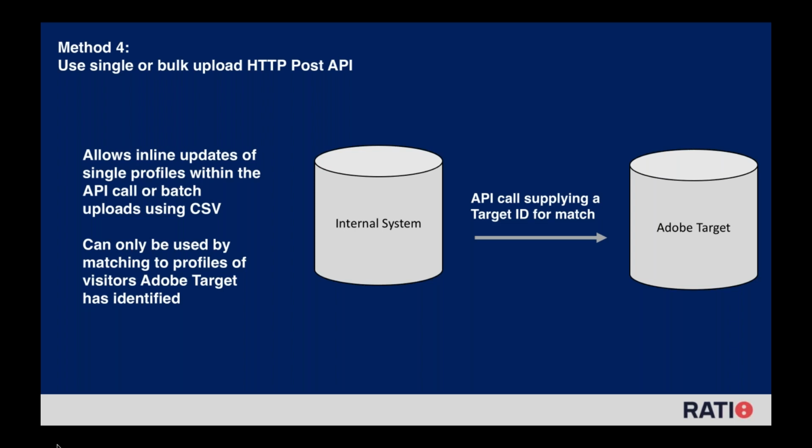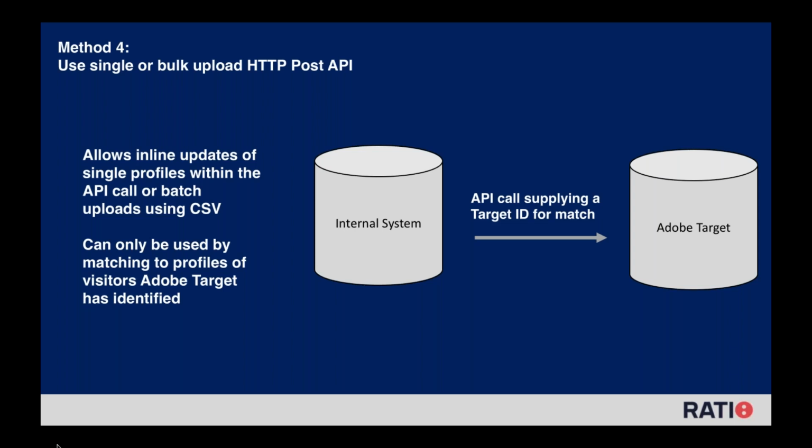That would be the single profile update, or you can still send Adobe a CSV file of specific visitors. The constraint with this method is that you have to be matching based on Adobe Target ID.